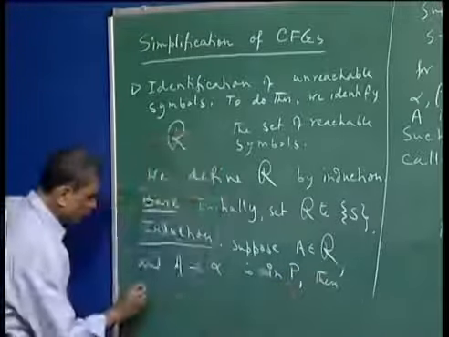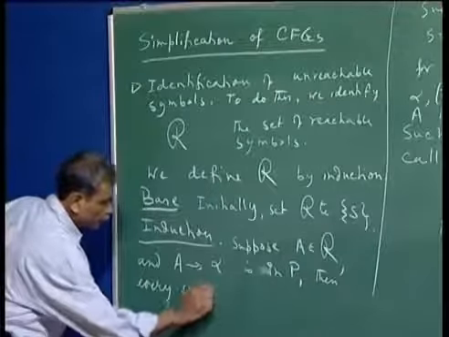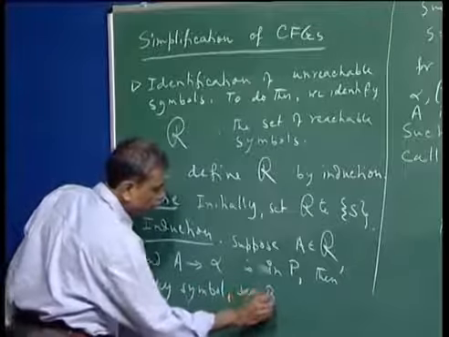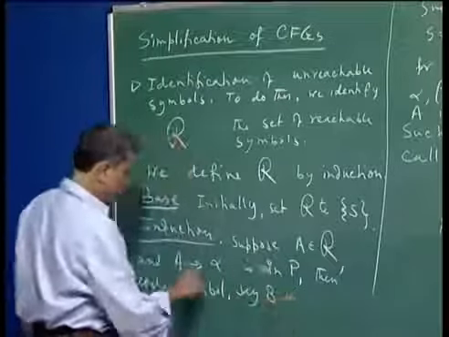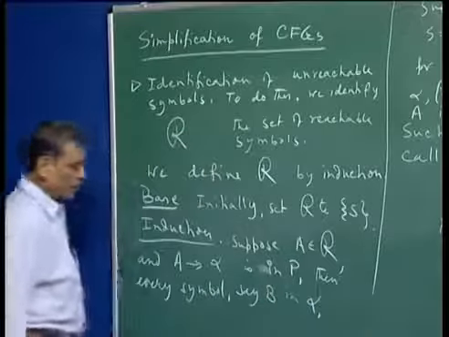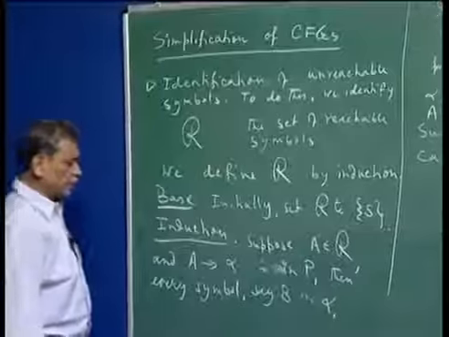Then every symbol, say B, in this right hand side of the production in alpha is also reachable.